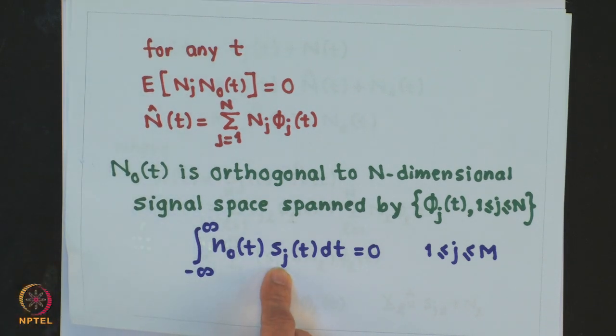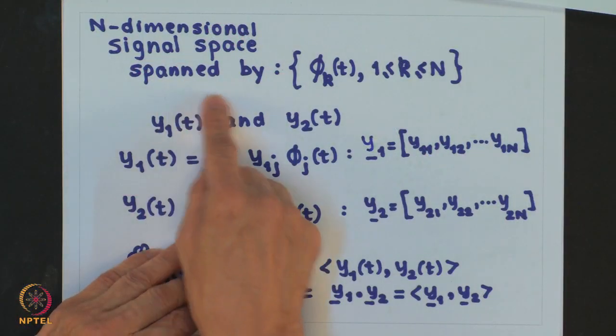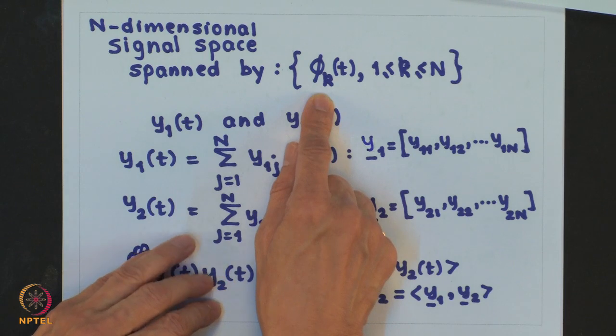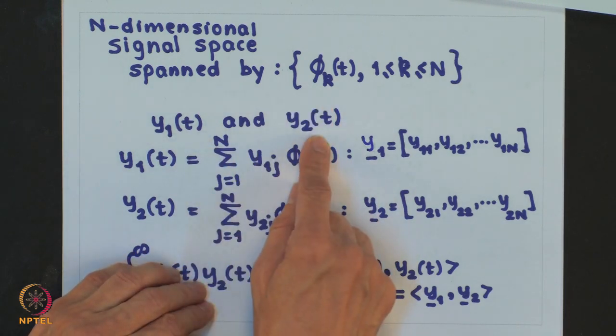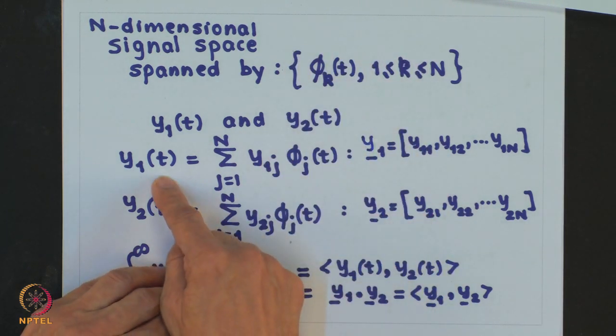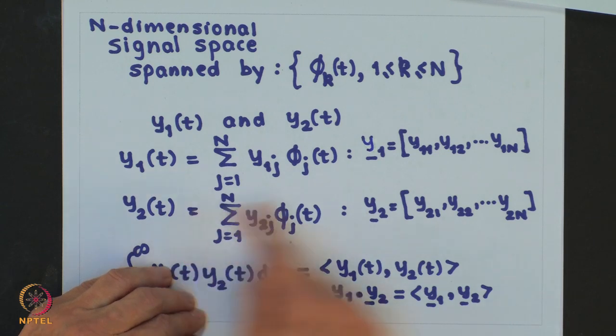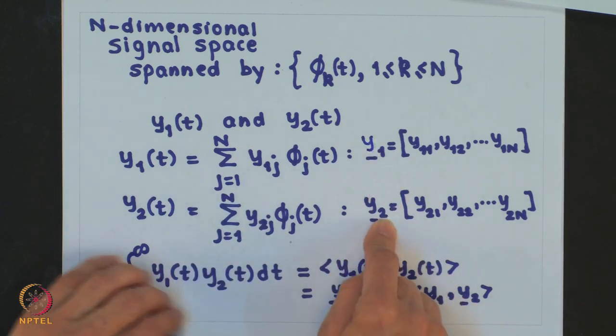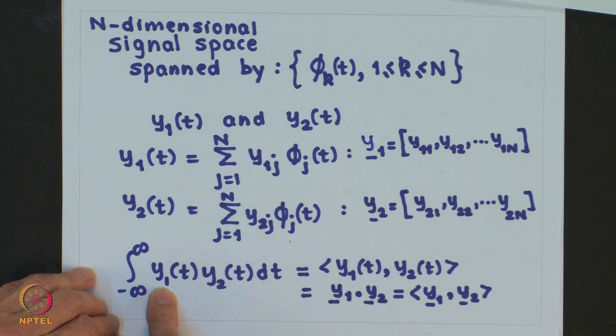Okay. So, now we have also studied that if I have an N dimensional signal space spanned by phi kt, where y1t and y2t are any two signals in this signal space, then I can rewrite y1t and y2t in vector form as shown here, and then we know that the cross correlation between y1t and y2t can be obtained by the dot product of the two vectors.